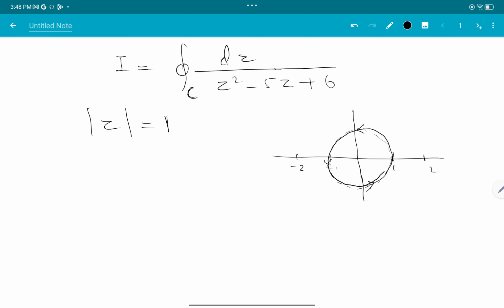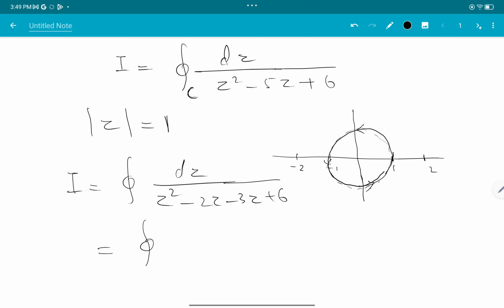Now let's look at one thing. If we examine this integral, the denominator z square minus 5z plus 6 can be split into factors, z minus 2 and z minus 3. You should be familiar with partial fractions for handling problems in complex integration.